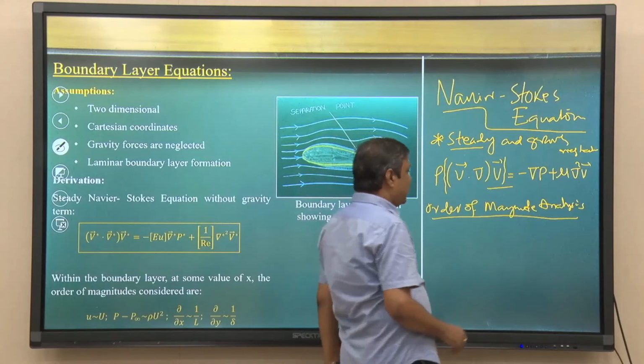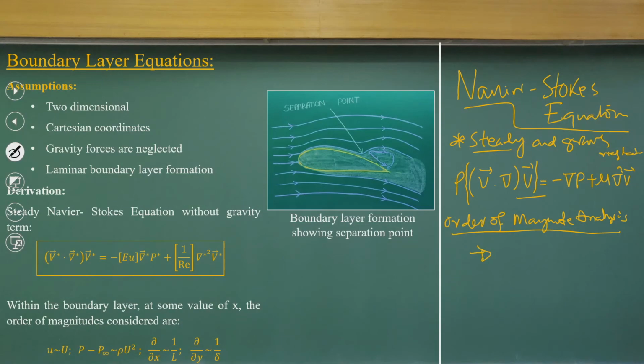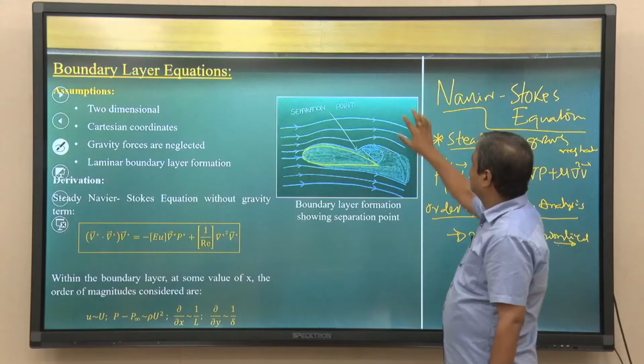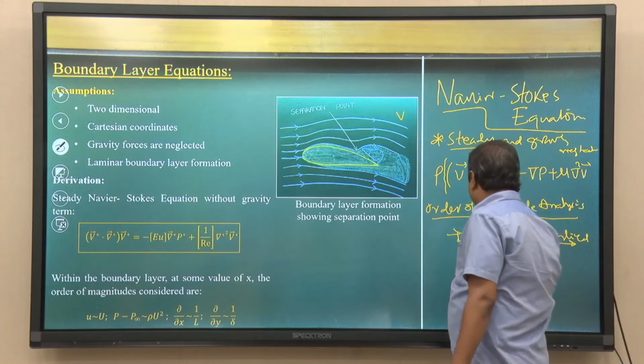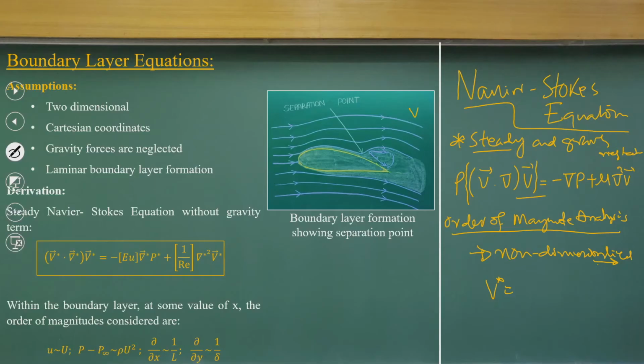That means, if I normalize, we look at normalizing the components. If we non-dimensionalize, that means how do you do this non-dimensionalization? Okay. I am coming back to more details on that. So, we try to find the characteristic velocity, like v. We normalize it as v star equals v by the free stream velocity.